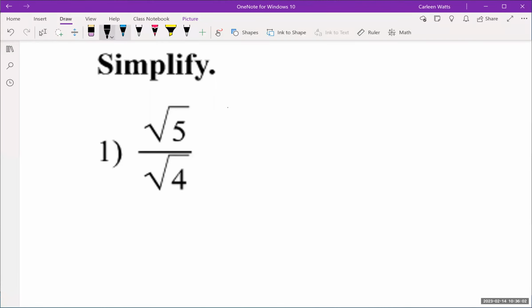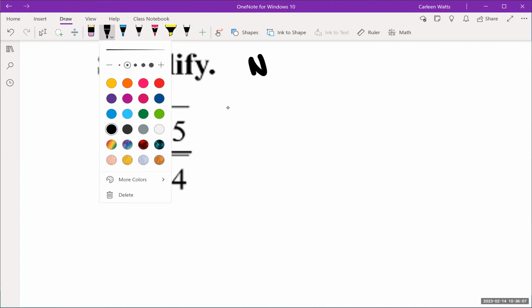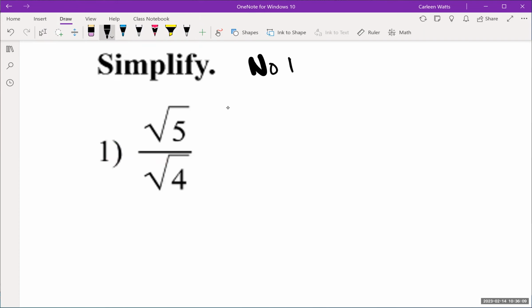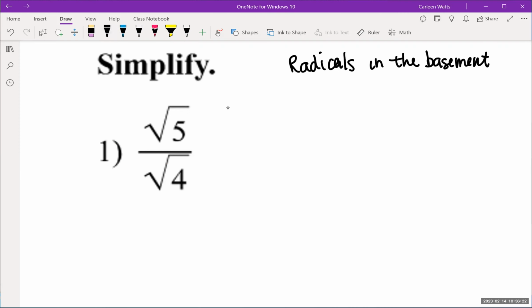So the rule, I'm the only one that calls it this, is no radicals in the basement. No radicals in the basement of a fraction. No square roots in the denominator of a fraction.